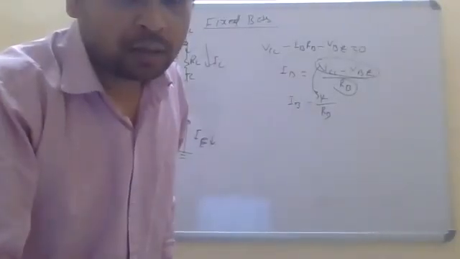Sir, excuse me, but here are we going to use two external sources, or only one input voltage? VBE is something that is from VCC only, right? VCC is the input voltage, and VBE is the base emitter voltage.